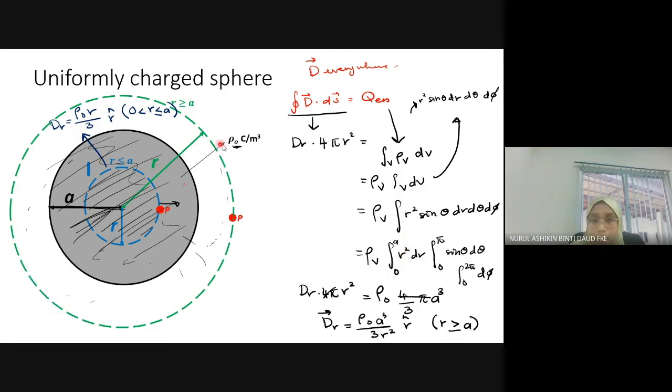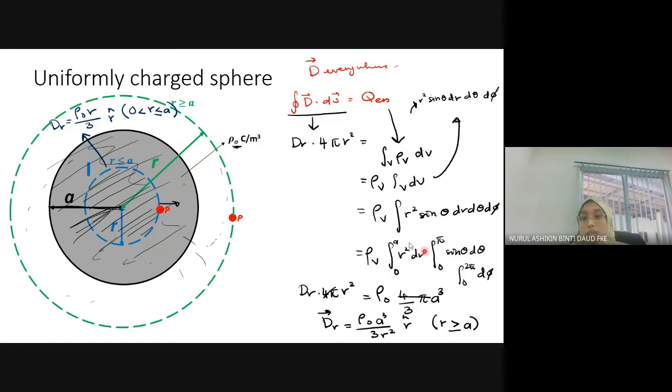When r is larger than a, the charge contained is not the entire area. It will only be the object itself. No matter how big the Gaussian surface is, the charge only exists inside that sphere, because the charge inside is rho naught C per meter cubic and otherwise it is 0.